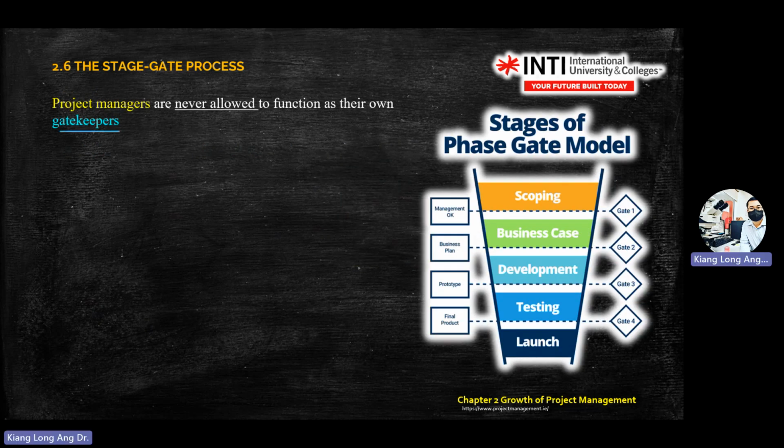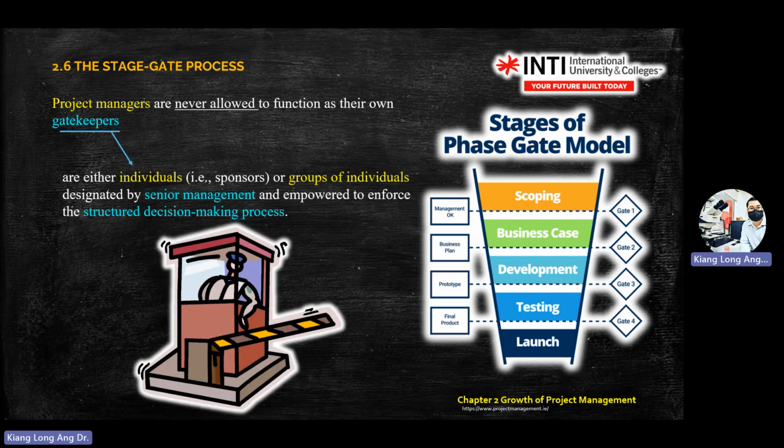Again, we go back to the role of a project manager. Project managers are never allowed to function as their own gatekeeper. I need to highlight this one. So what is a gatekeeper? A gatekeeper can be an individual, for example a sponsor, or a group of individuals assigned by the senior manager for the decision-making process.